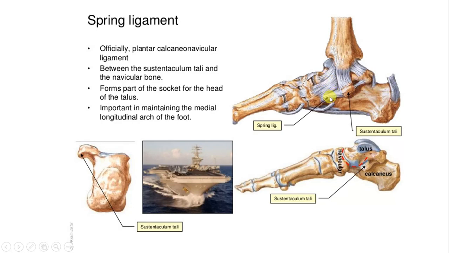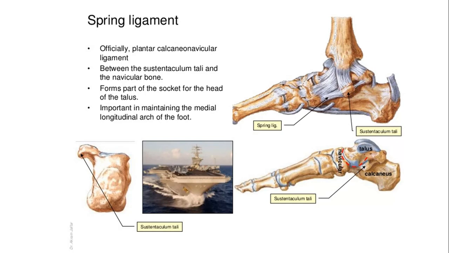So here the socket is formed by the ligament, and it completes the socket for the joint. It is important in maintaining the medial longitudinal arch. Like a spring, when the arch tries to expand medially and the foot is off the ground, it comes back again and keeps the longitudinal arch maintained.